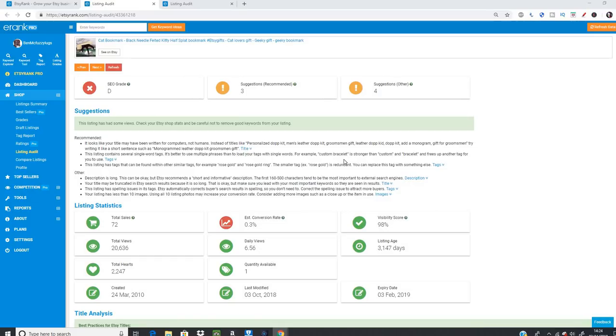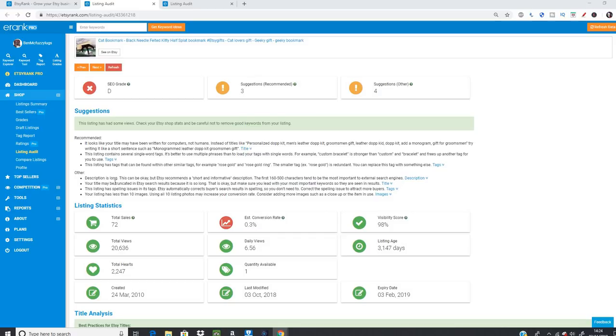I was experimenting with them, I'll be perfectly honest here. And then the extra recommended thing, this listing has tags that can be found within other similar tags. So again, custom bracelet, the tag bracelet is already in there. So I have some slight redundancies here. However, again, not touching them.